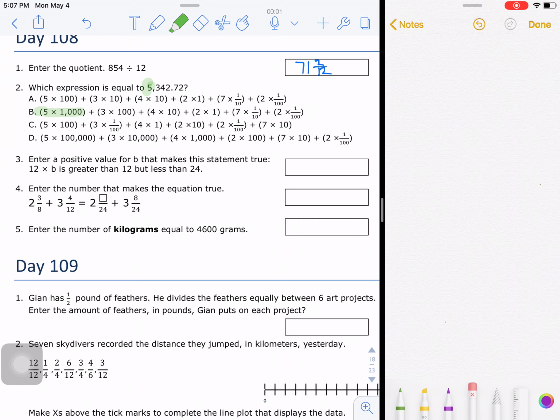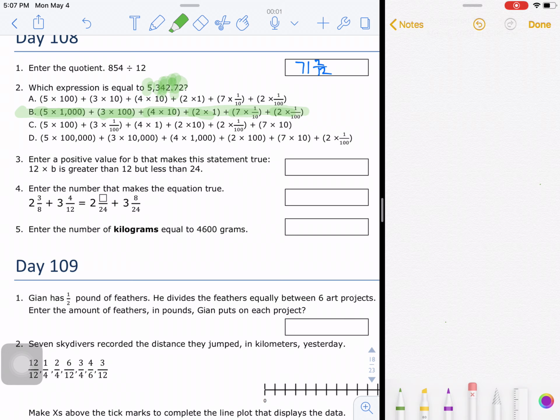So let's just check to make sure that the other place values are right. We have 3 hundreds. We have 4 tens. We have 2 ones. We have 7 tenths. And we have 2 hundredths. So yes, that does confirm. I'm just going to highlight this whole thing. B is the correct expression.